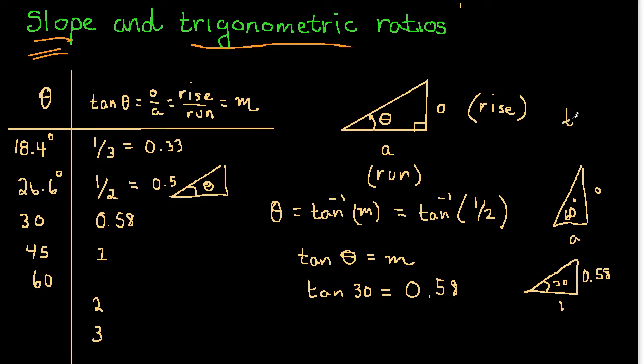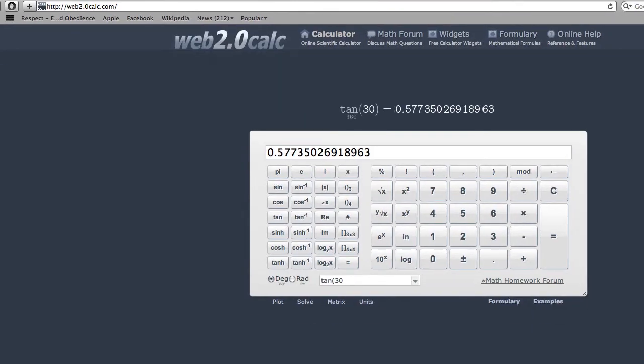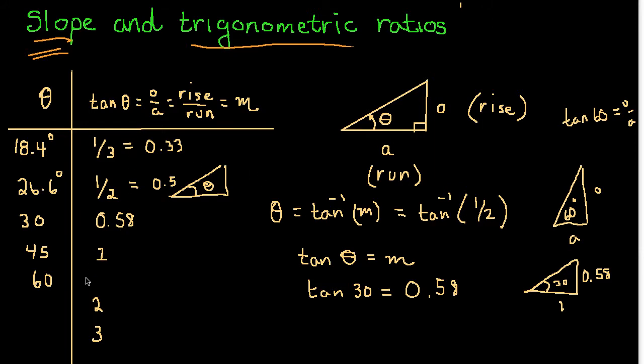So we need to know tan of 60 to get the O over A, which is the slope. So we'll take our calculator, take the tan of 60, 1.7. So we're just filling in this chart. So 1.7. So this side here is 1.7 times bigger than that side there.